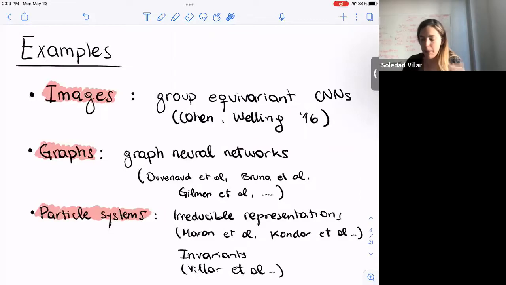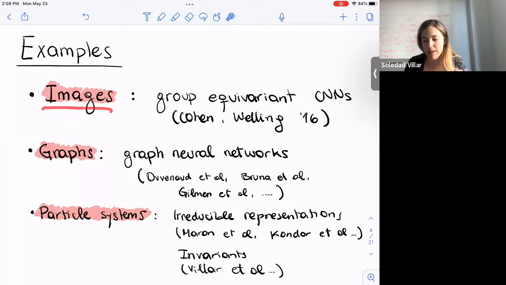So the examples that I will focus on today, the examples that we care about, are based on images, on graphs, and on particle systems. The difference between what you would do in each of these spaces relies on what the space looks like and what the group action in that space looks like.